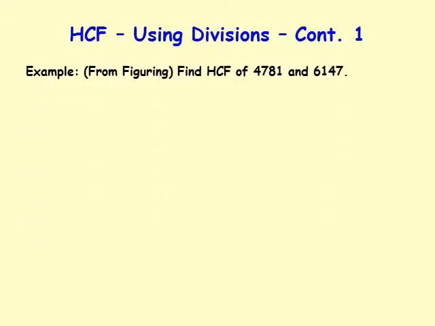From the book Figuring, the HCF of 4781 and 6147. So 6147 is larger and 4781 is smaller, so we divide 6147 by 4781. Let's continue from here. So here's my division setup. 6147 is my dividend and 4781 is my divisor.